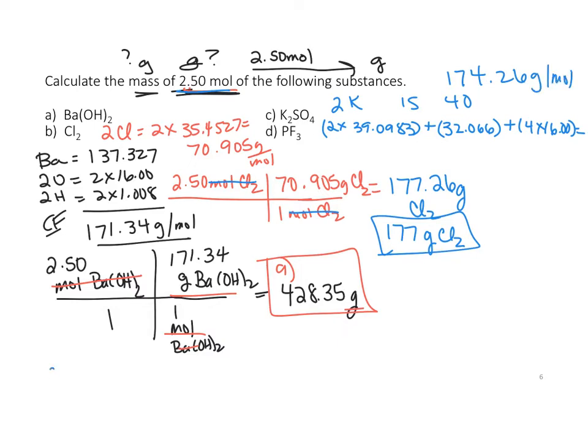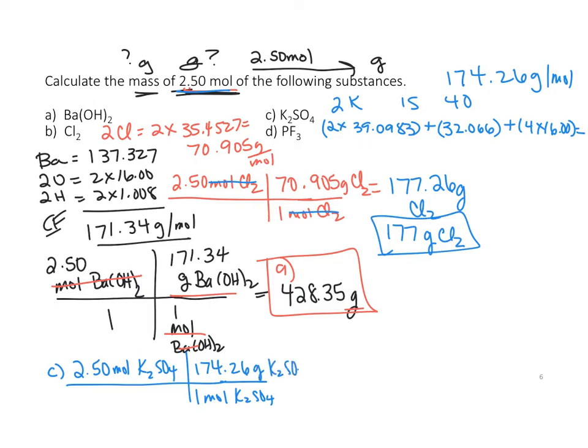And so we come down here and do C. We're doing 2.50 mole of potassium sulfate. And for 1 mole of potassium sulfate, we have 174.26 grams of potassium sulfate.